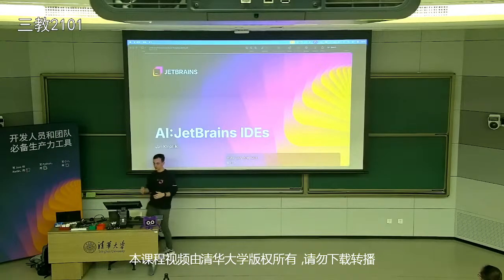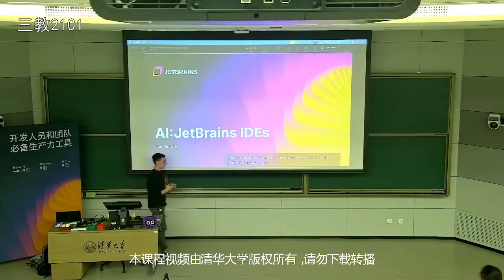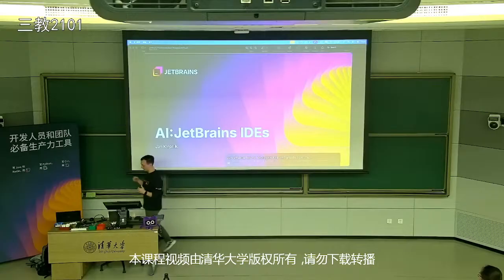And right now I'm going to be talking about what we do with AI. The idea we have with AI is the same. It is a very effective helper, a very effective tool for developers. And we try to do as much as we can to make it as easy as possible for developers to use AI, for it to be helpful for them.